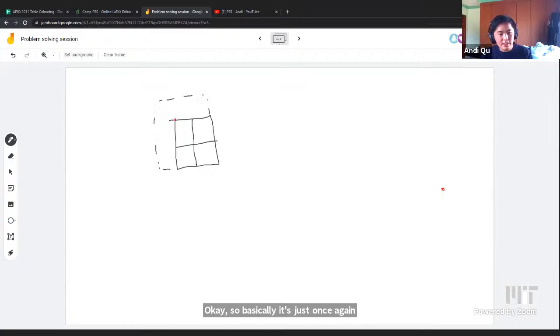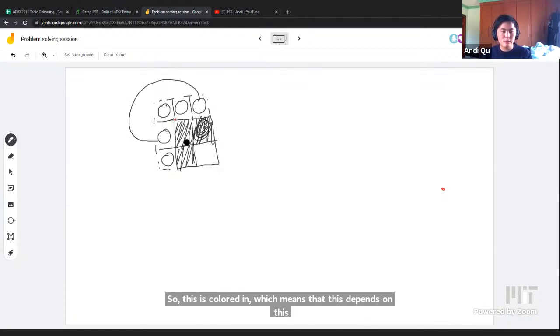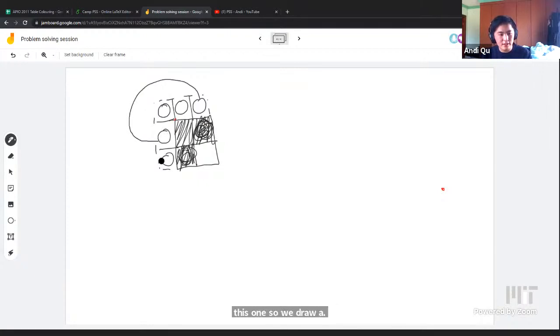So each of these blocks is a node. Each of these is a node. Not these. These are just colored in. So this is colored in, which means that this depends on this one. So we draw an edge there. This one is colored in, so it's connected to this.